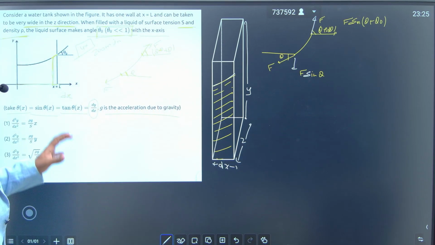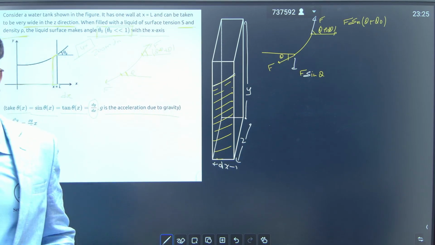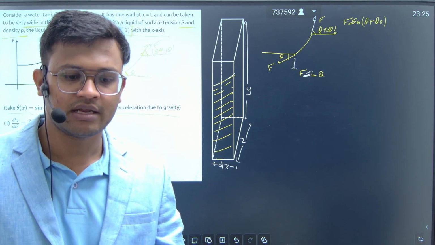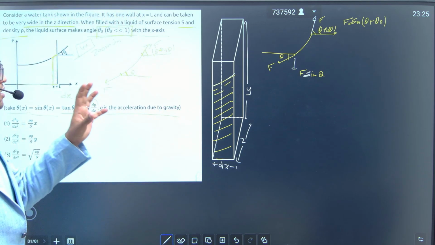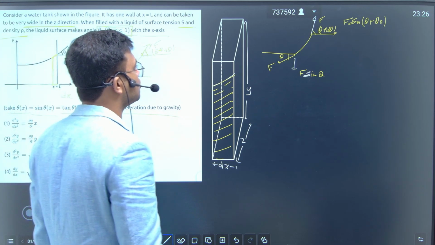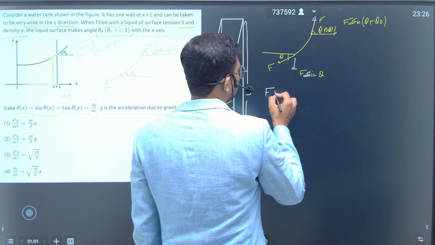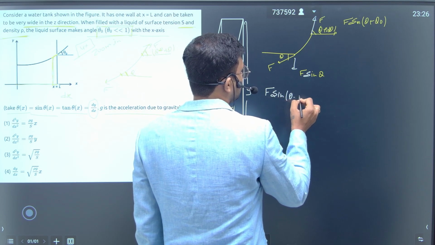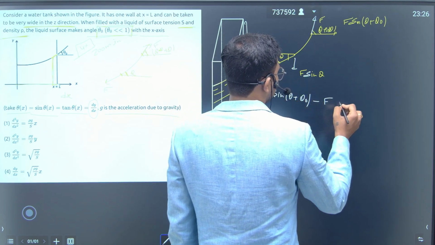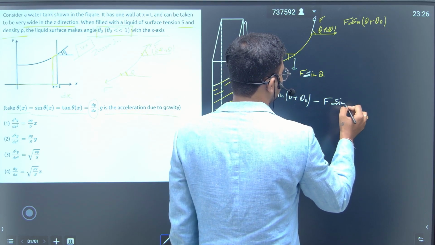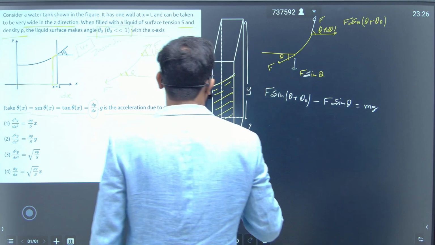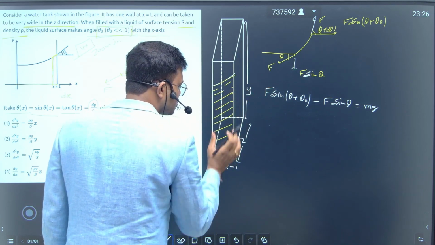Everything is at rest, so the forces in the vertical direction must be balanced. F sine of theta plus d theta, acting upward, minus F sine of theta, acting downward, must be equal to mg, where m is the mass of this small portion of water.